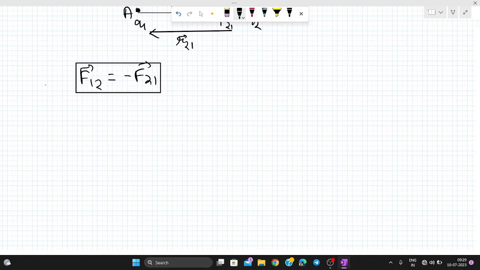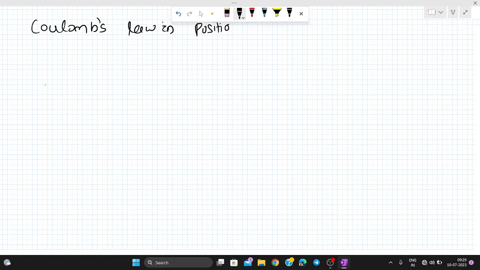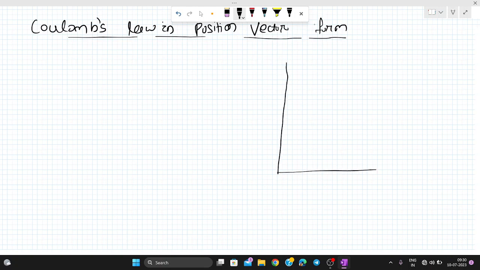Another important point you will have to note down is Coulomb's law in position vector form. For your better understanding, I will do Coulomb's law in position vector form. Let me draw the coordinate system.